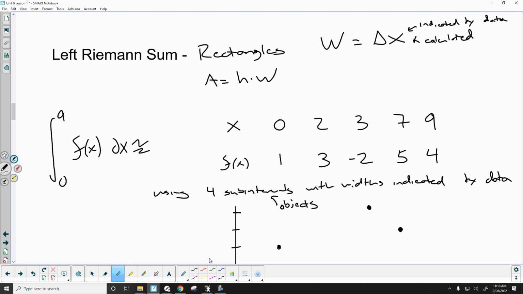Means I'm going to say, okay, the first object's width will be from 0 to 2. The second object's width will be from 2 to 3. The third object's width will be from 3 to 7. And the last object's width is from 7 to 9. Okay?